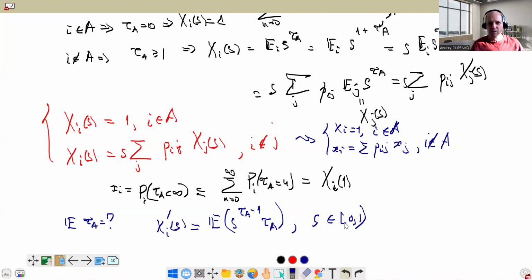So this is simple. And now we may apply, for example, the monotone convergence theorem. If s goes to 1, then these random variables are monotone, and this expectation converges to this. You may apply this theorem in all cases, even if this expectation is infinite. The monotone convergence theorem works for sequences of non-negative random variables.